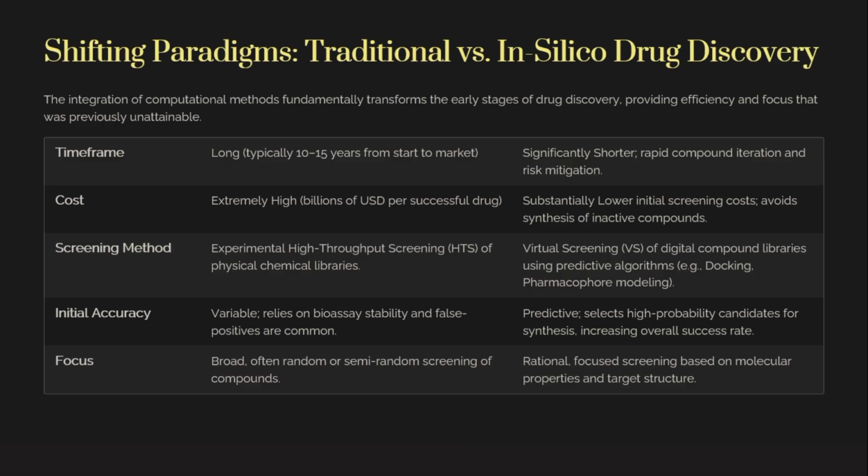Time frame, as I have explained, traditional research needs a long time period, but in silico is significantly shorter, with rapid compound iteration and risk mitigation. Cost: it's high, because even the compound we have to purchase, and if it's not effective, we have still purchased it.